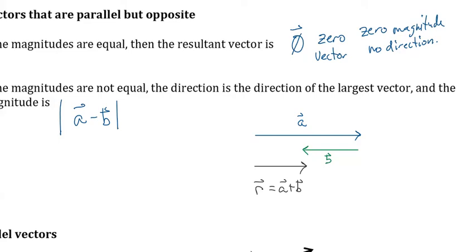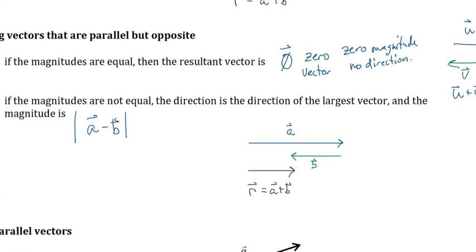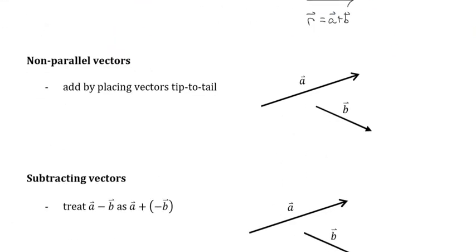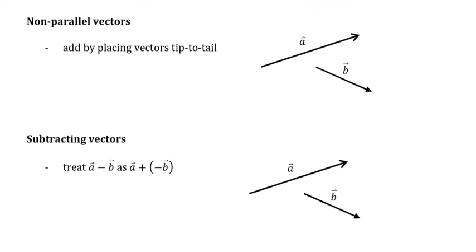What about non-parallel vectors? This is something you've heard of, I believe, in physics. We can add non-parallel vectors by placing the vectors tip to tail. The tip of one is connected to the tail of the other. I'm going to try to do this marginally accurately here. If you have a ruler, I would encourage you to do the same. So I've got that to be about just 2 and a bit.